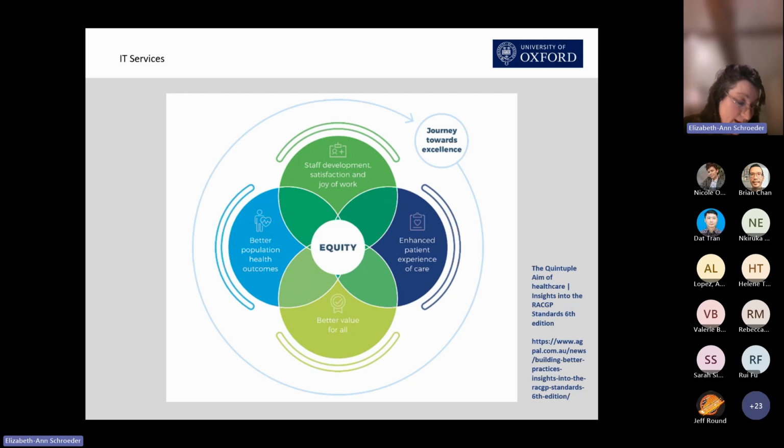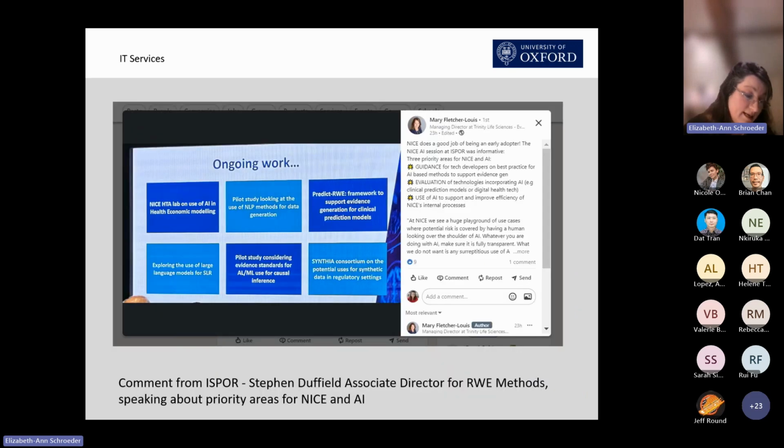Perhaps we haven't resolved all appraisal methodologies to accommodate for rigor and rapidity, but across the research networks, attempts to consider this are ongoing, including this announcement from NICE yesterday at ISPOR from their real-world evidence team that their health technology assessment innovation lab would be developing guidance for tech developers and best practices for AI-based methods to support evidence generation, evaluation of technologies incorporating AI for health economic modeling, and use of AI support to improve efficiency of NICE's own internal processes.